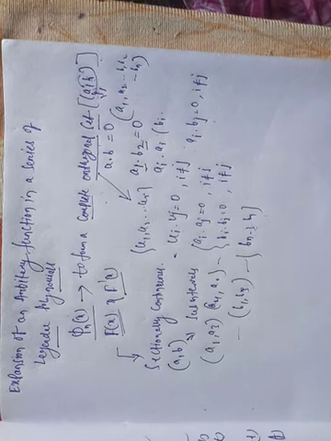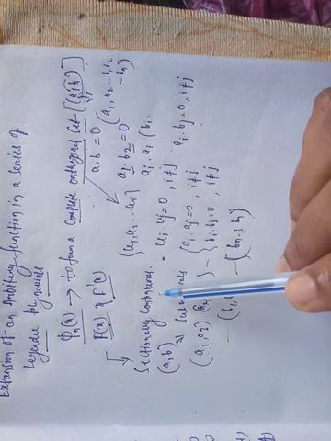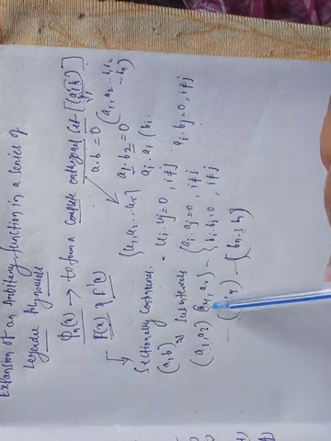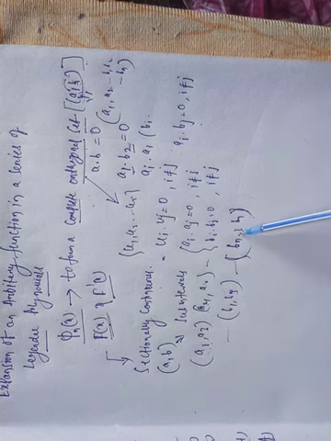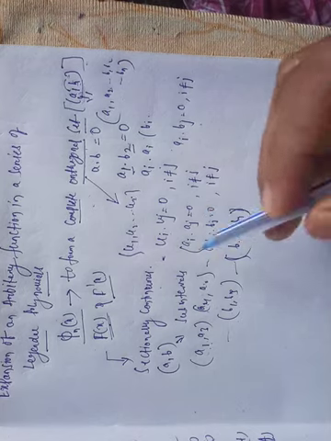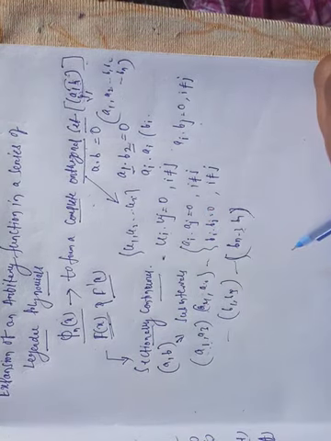We divide into different subintervals, and this function and its derivative will be finite and continuous in all these intervals. I am repeating again: the function f(x) and its derivative are said to be sectionally continuous when they are continuous in all these subintervals, and the function also has a finite value in all these subintervals.